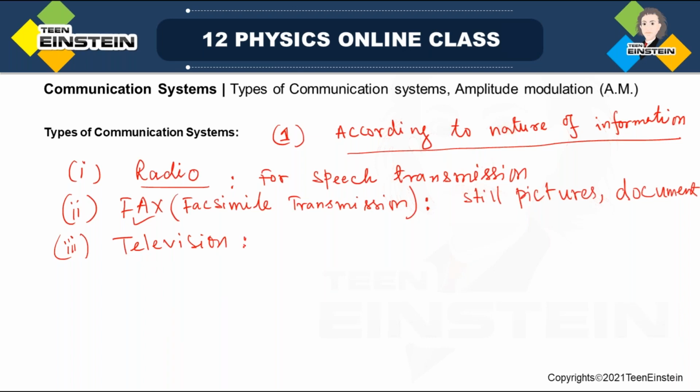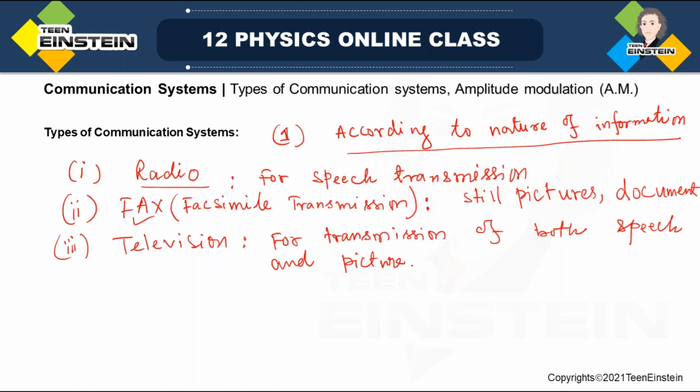So television is used for transmission of both speech and picture, okay, together.